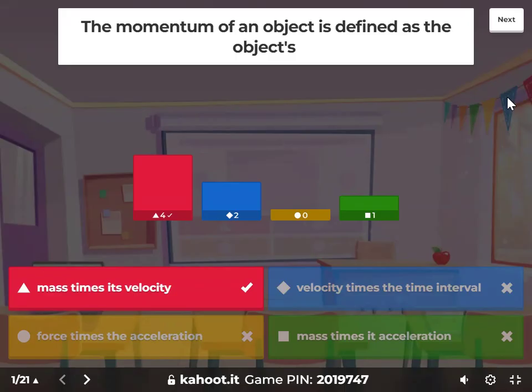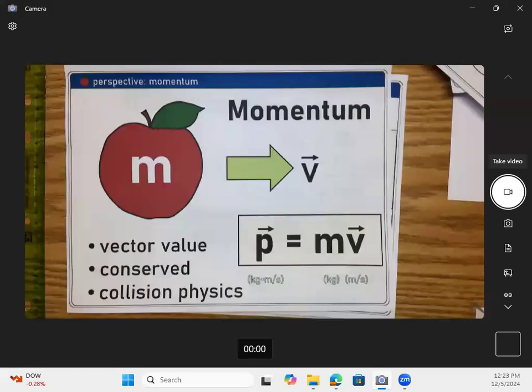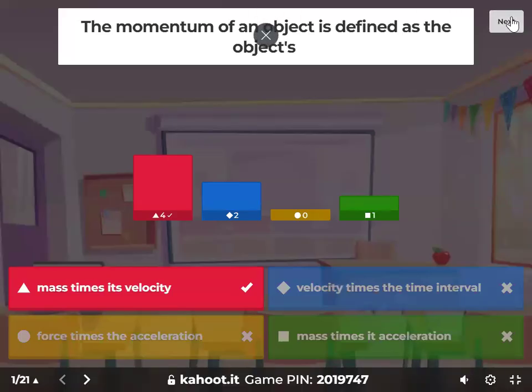Here, let me find the poster for that one. It's just that right there. Mass times velocity. Now remember, because this is a vector value, if someone's moving to the right or moving to the left, is that different momentum? Yeah, that could be positive versus negative momentum. So keep that in mind. That might show up later in this Kahoot.